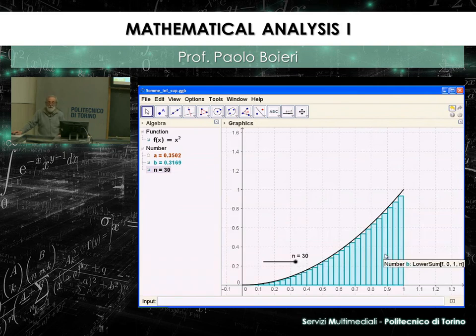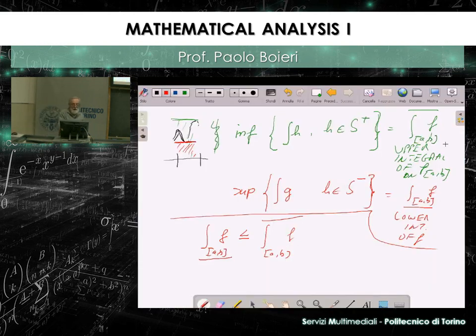Then the sup of the blue, fine, and this is the lower integral. The, excuse me, yes, the sup of the blue is the lower integral. The inf of the red will be the upper integral. Okay? And the lower integral is always smaller or equal than the upper integral.